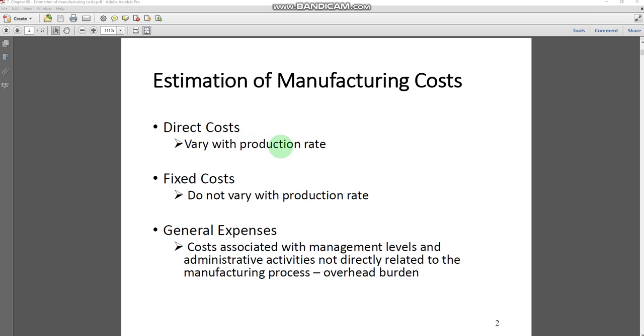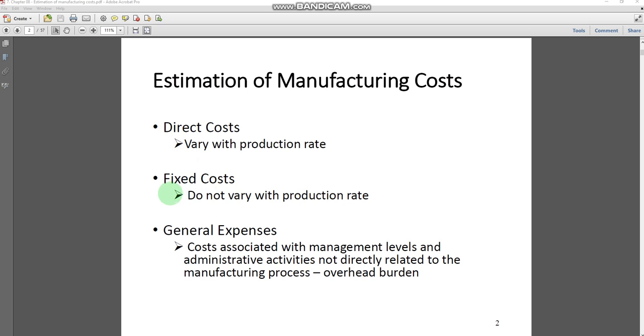So it depends on the demand and supply of the products. If the demand is high, you need to generate more product, and that will increase the direct cost. It also depends on which raw material or feedstock you are using in the process to generate some specific product. That will come under the category of direct cost.